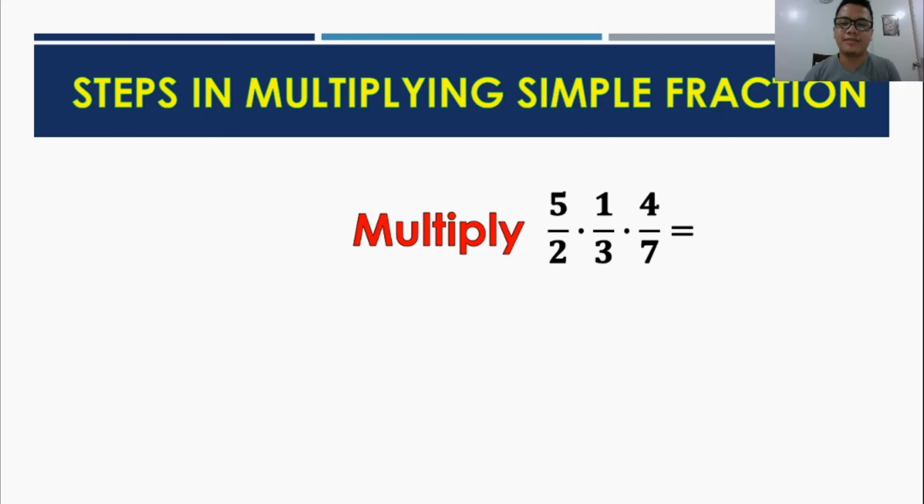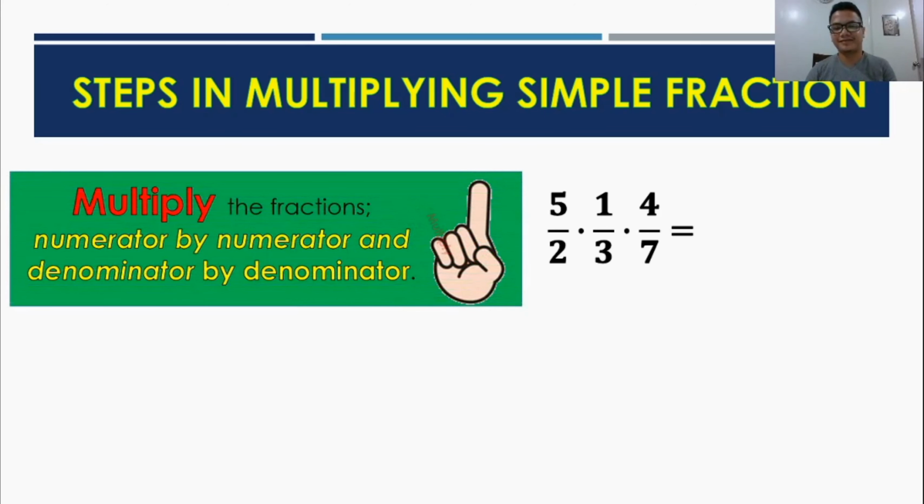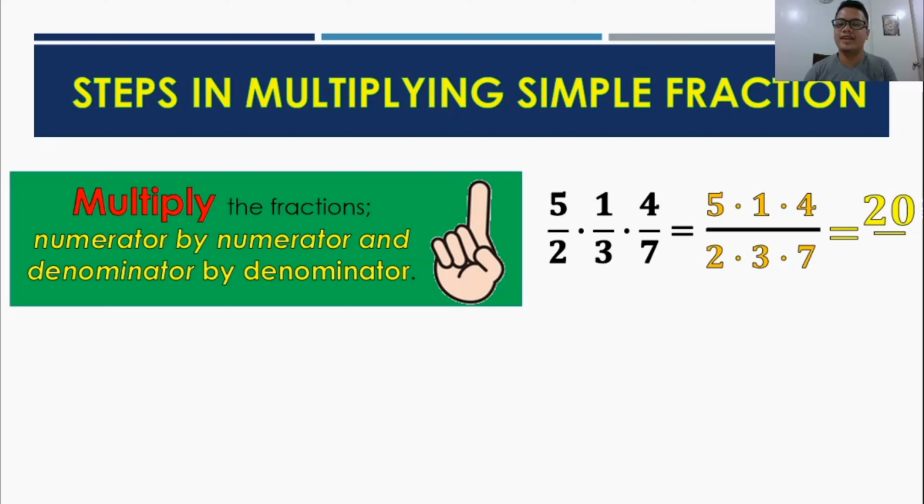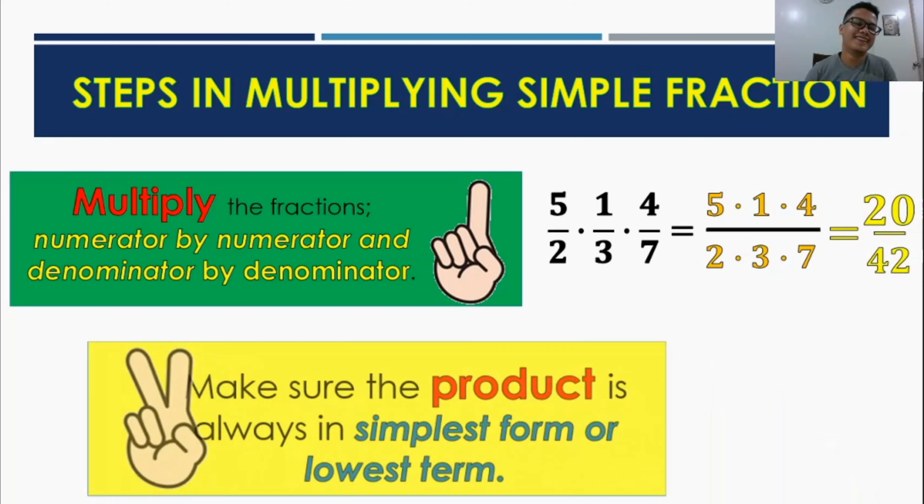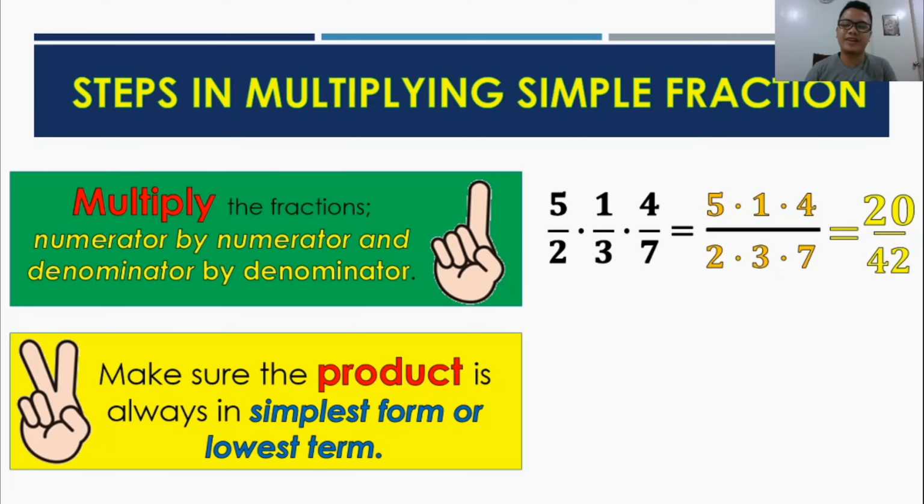Okay, last example. Multiply this one. So 5 times 1 times 4 over 2 times 3 times 7. So that's equivalent to 20 over 42. Okay, now let's move to our last step. Make sure the product is always in lowest term.